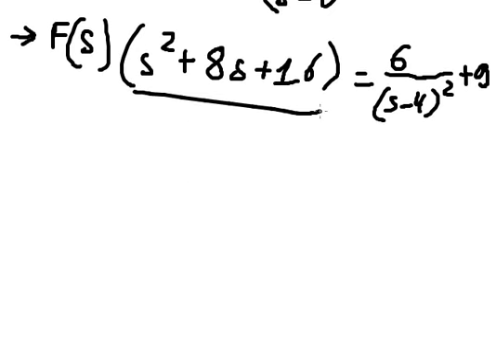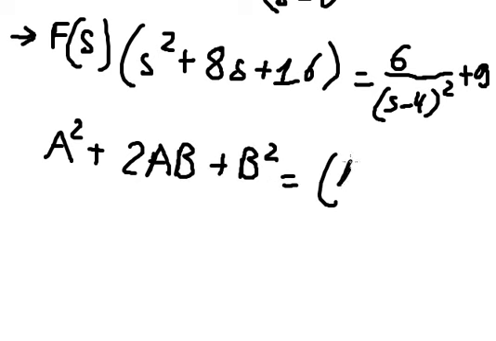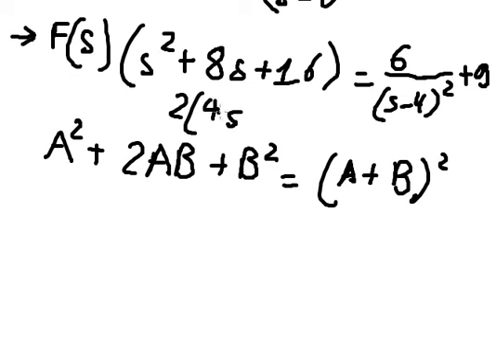This one is about identities. 8s, that is 2 multiplied by 4 and s. 16, that is 4 squared.